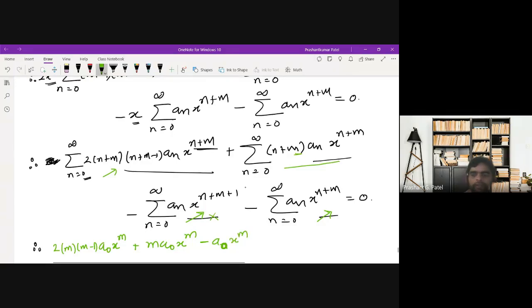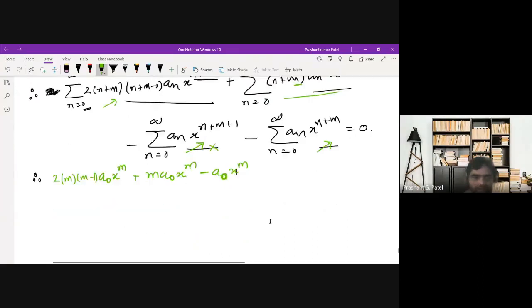Let me write down all the other quantities as they are. So plus the first term that we have, summation n running from 0 to infinity, 2 into n plus m minus 1 an x raised to m plus n minus 2. The second term now starts not from 0, it starts from 1, because the first term we already wrote here.